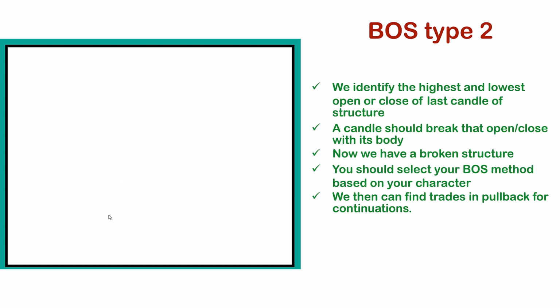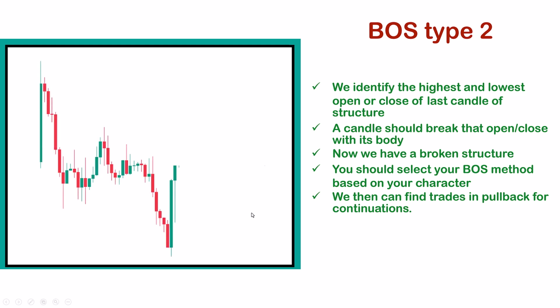In the next type of break of structure, we first identify the highest and the lowest open and close of our primary structure candle. I mean, here is our highest point of our primary structure and here is the lowest part of our primary structure. But for this one, we identify the open and close of this candle, that is going to be here, I mean the body of the candle, or here, that is the body of the candle as well.